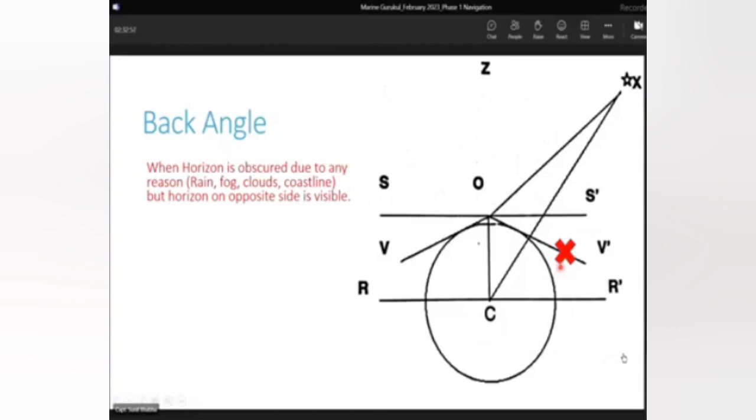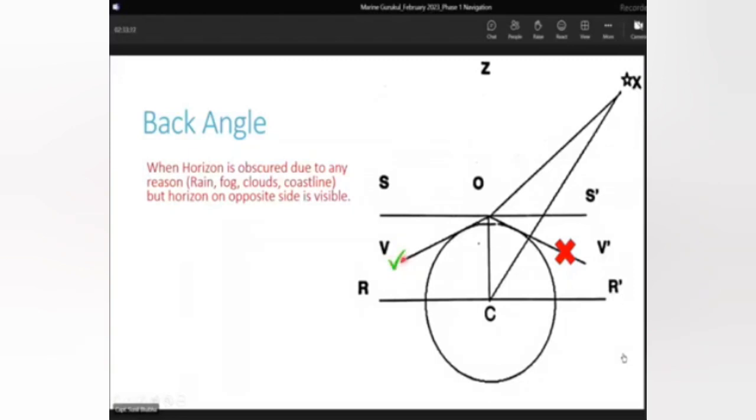So this side of the horizon is not visible to us. So that's why I have put a cross over here. But the horizon on the other side, which is OV, diametrically opposite to the direction in which the body is, exactly reciprocal opposite, this side horizon is visible to us.